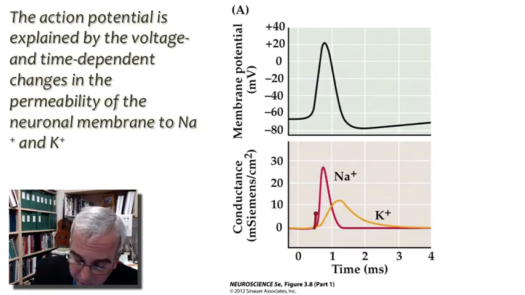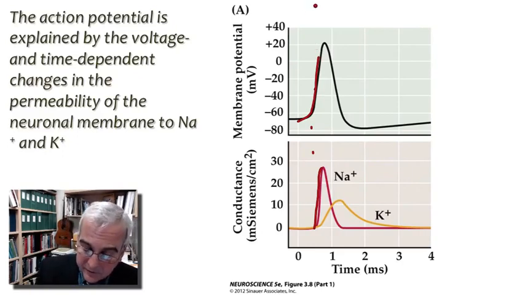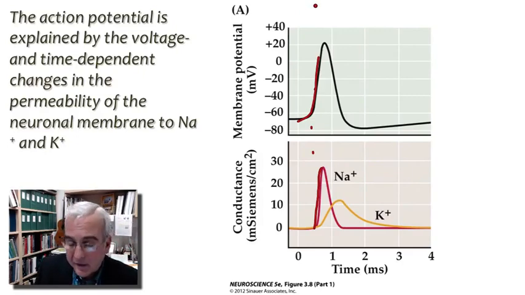There is a sharp rise in sodium conductance that occurs in time with the rise in membrane potential during what we call the rising phase of the action potential. In fact, the rising phase is explained by this rapid increase in sodium conductance.